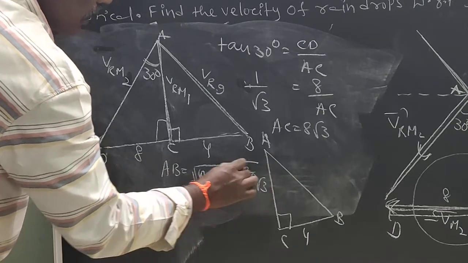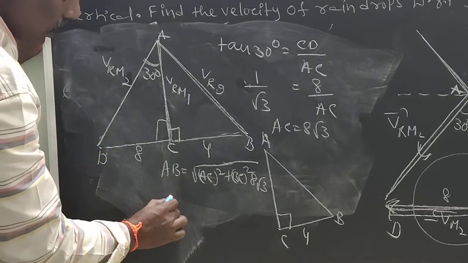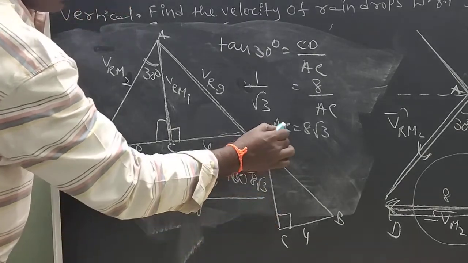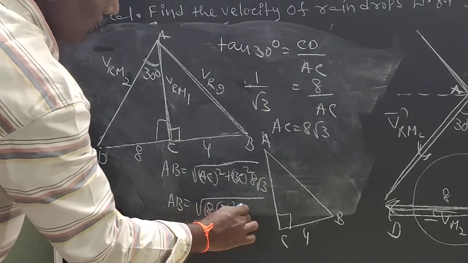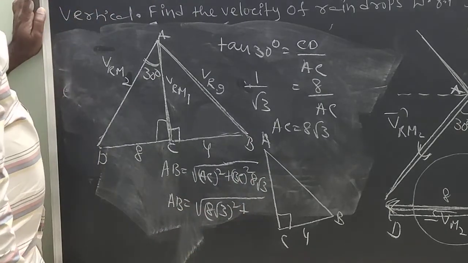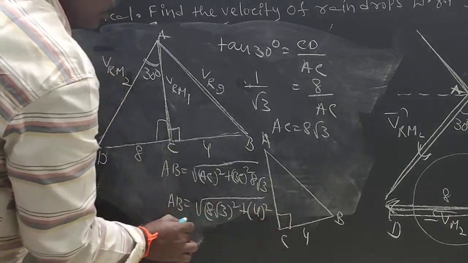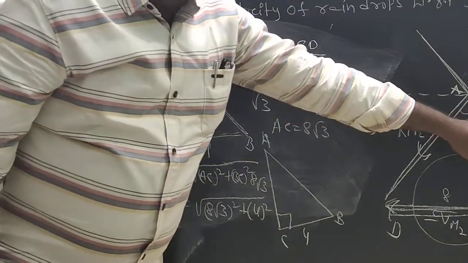This is known as Pythagoras theorem. What is AB? AB is equal to square root of 8 root 3 whole square plus 4 whole square. So AB represents the velocity of rain with respect to ground.